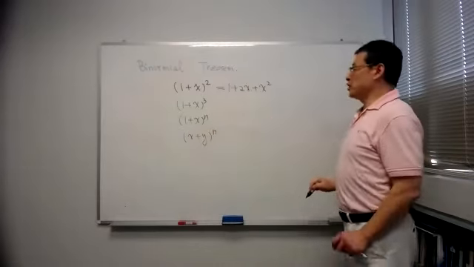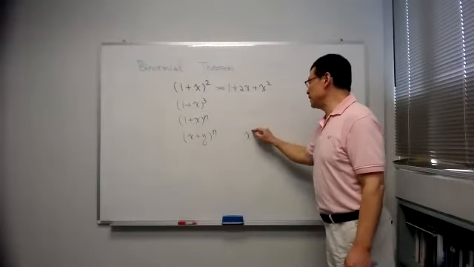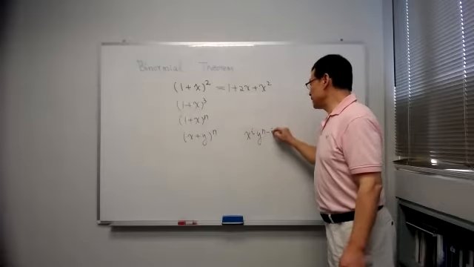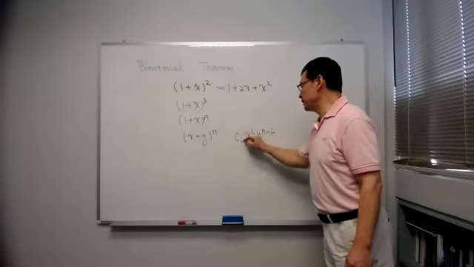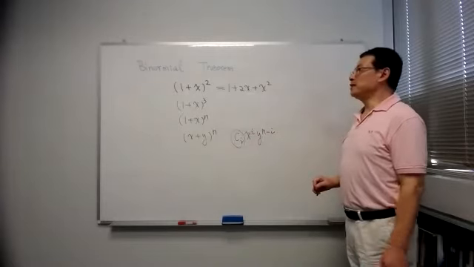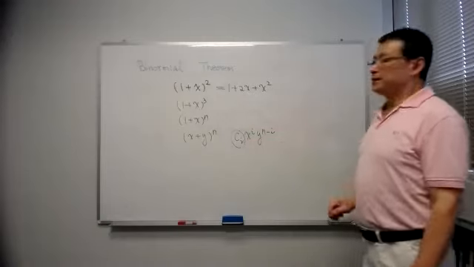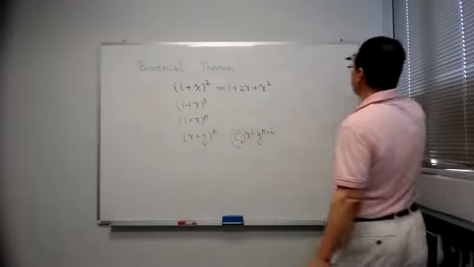We want to find out the coefficients of these terms. For a particular term, it may be x to the i, y to the n minus i. What's the coefficient here? What's the value of this one? The binomial theorem tells us the coefficient of this number. All right, this number is determined by the following triangle.